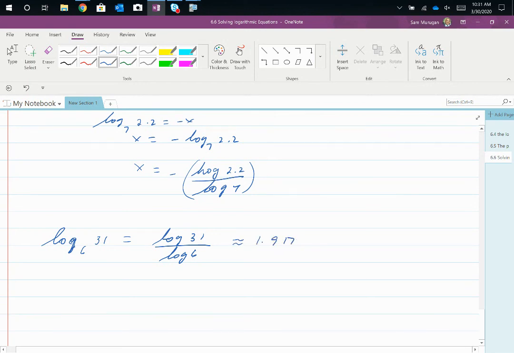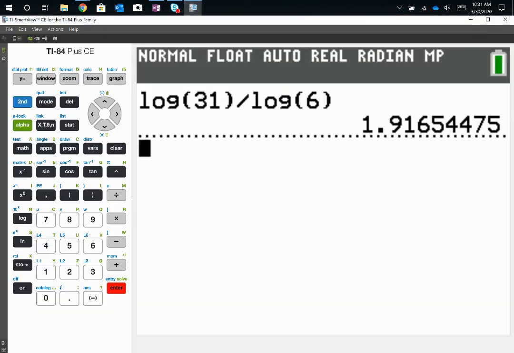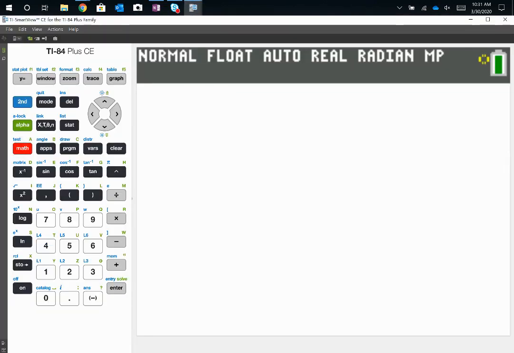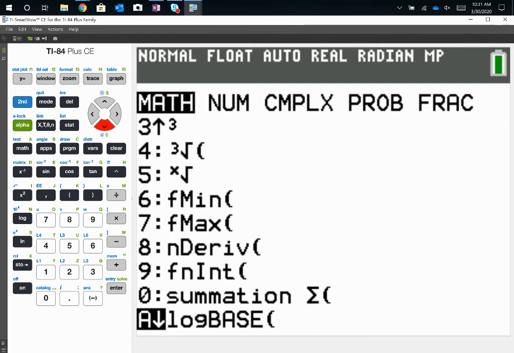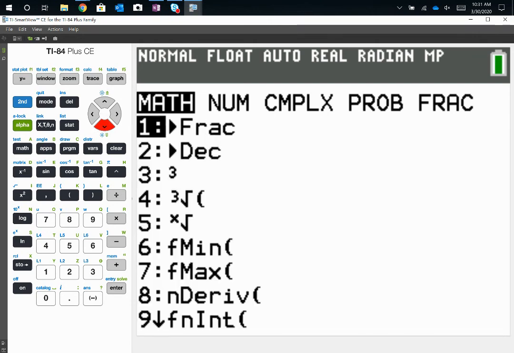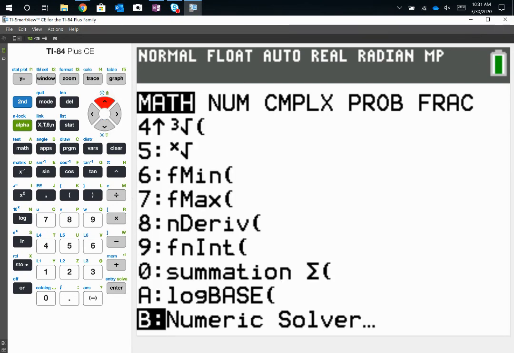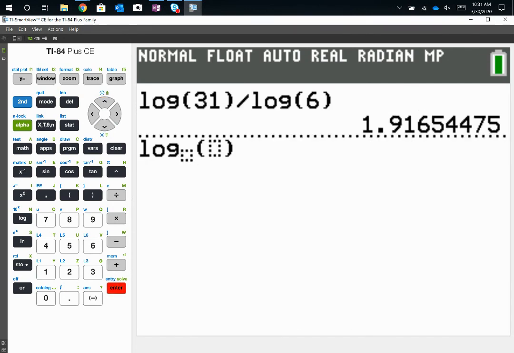FYI, some of the newer calculators have a feature built into them under the math button. And if you scroll down, you would see log base. And this actually allows you to type in the base and the number 31 and get exactly the same answer.